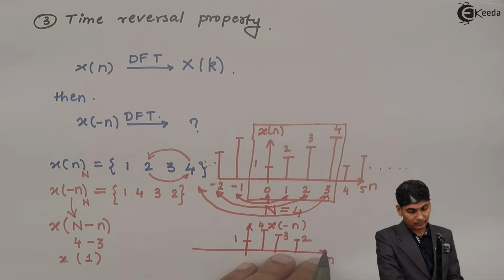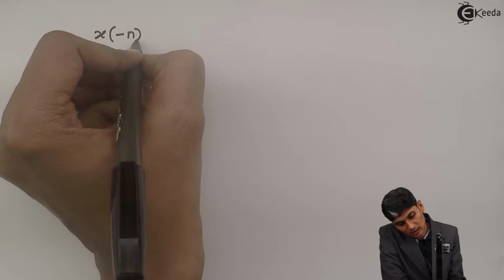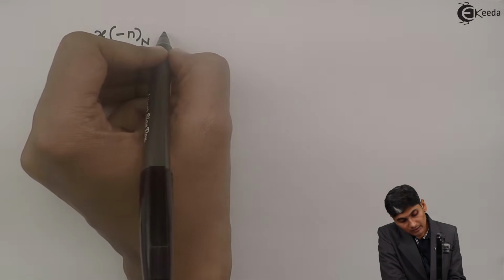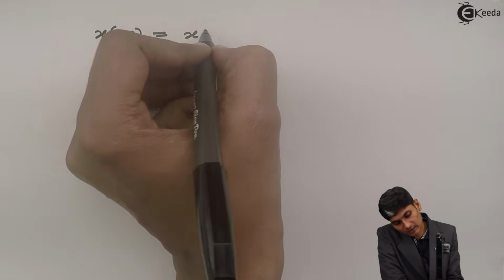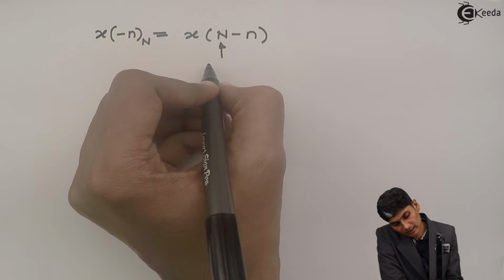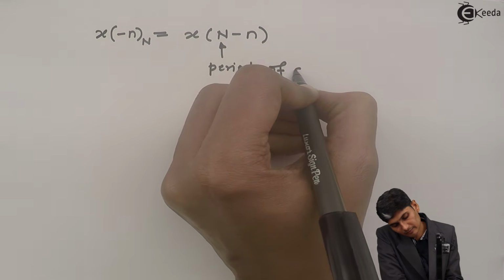Okay, so that means if I shift or fold a signal which is periodic with period N, it can be written as x of N minus small n, where this N is the period of the signal.